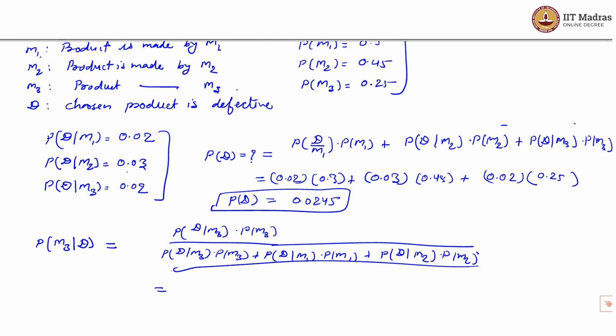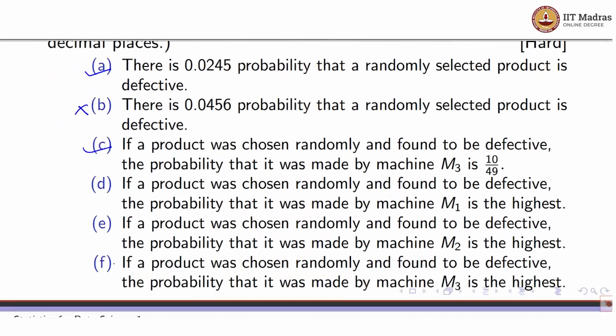So this will be 0.02 into P of M3, which is 0.25, divided by 0.0245. This will be equal to 0.005 divided by 0.0245, or I can write it as 50 upon 245. That will be my 10 by 49. So option C is correct.